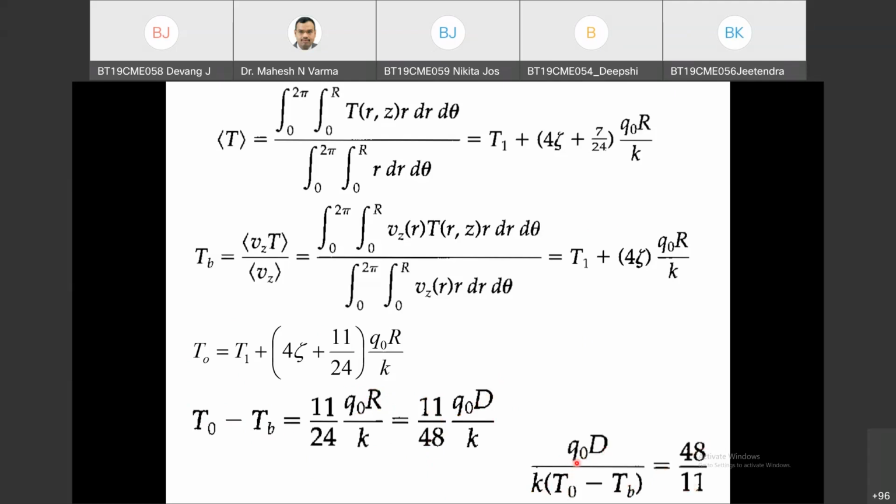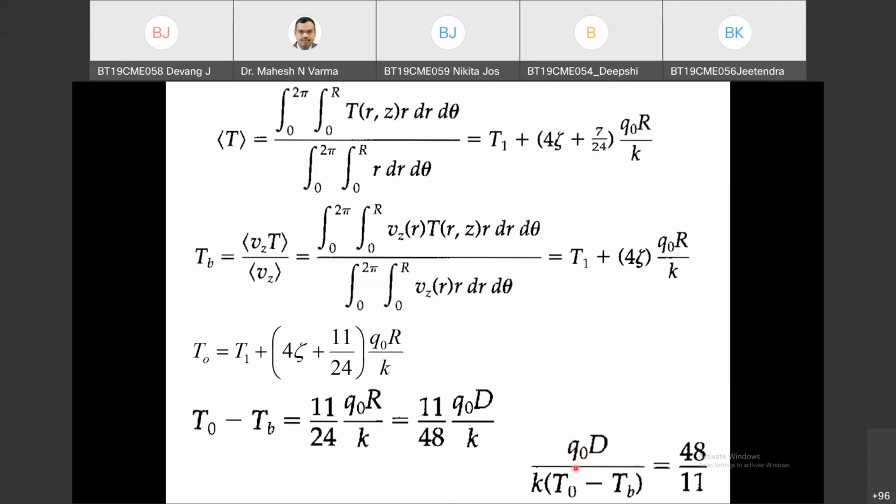If you observe Q0 divided by T0 minus bulk temperature, this is equal to the heat transfer coefficient for heat flowing from the pipe surface to inside the fluid.